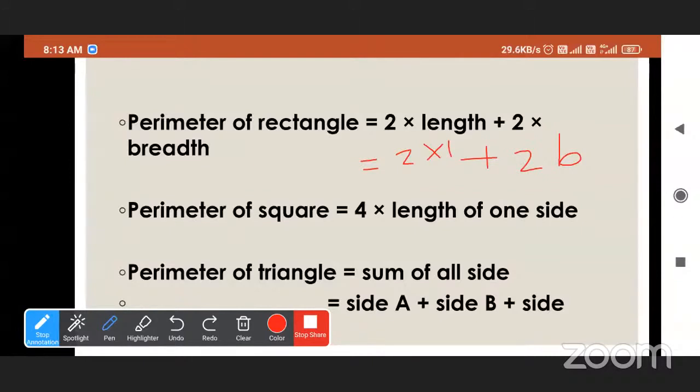In a square all the sides are equal, so we can write it as 4 into S. And perimeter of a triangle: a triangle has how many sides? 3 sides. So by adding the lengths of all 3 sides, we will get the perimeter of the given triangle.